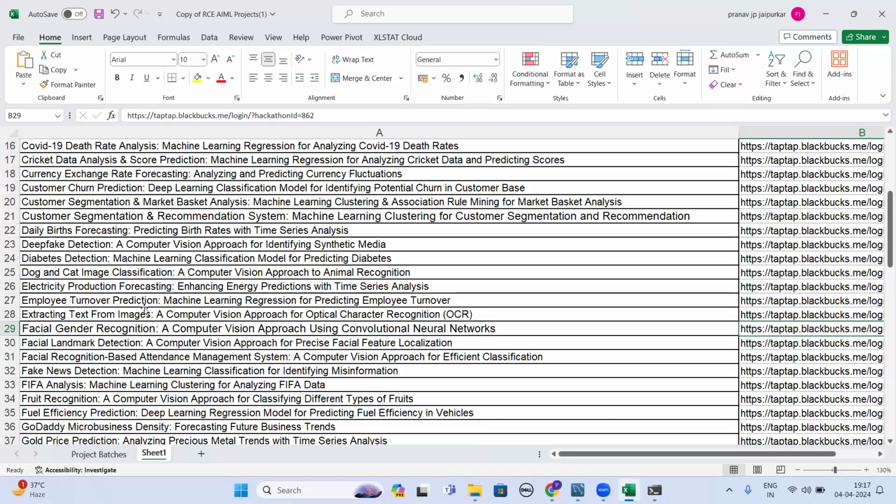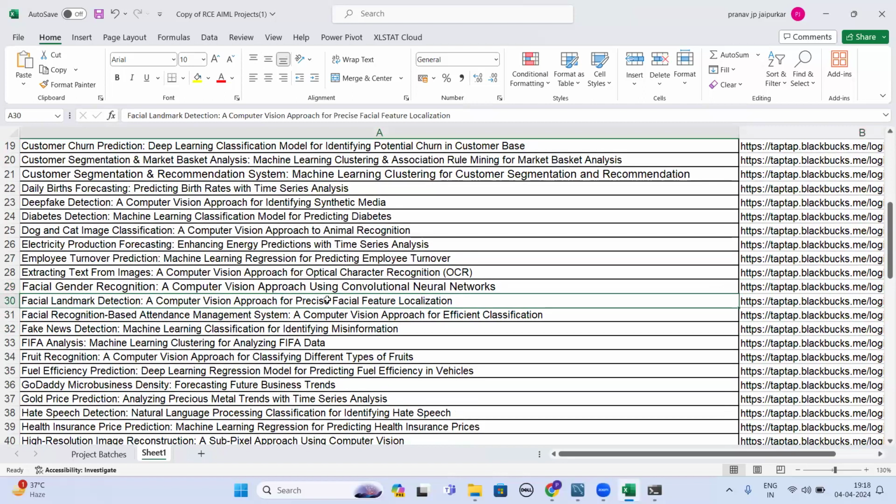So facial landmark detection, precise facial feature localization.